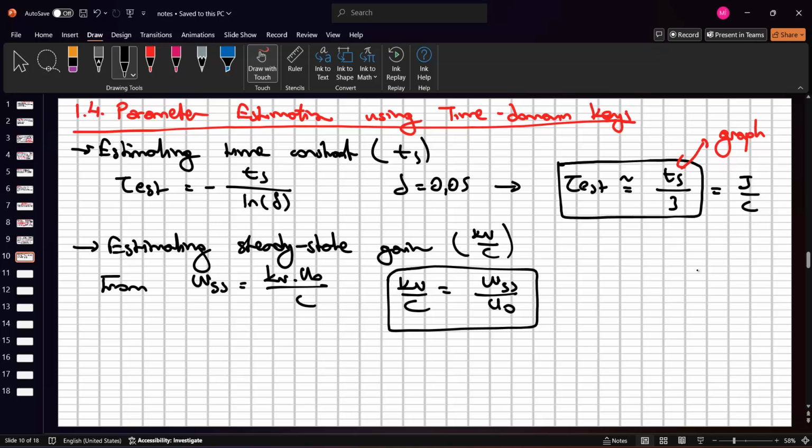And so just remember our physical parameters.